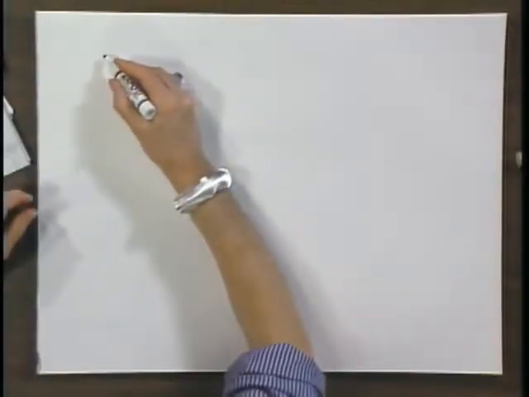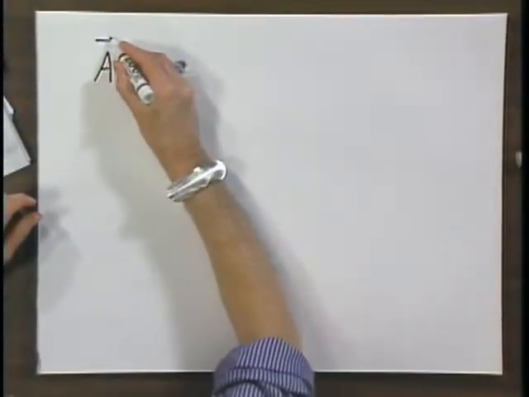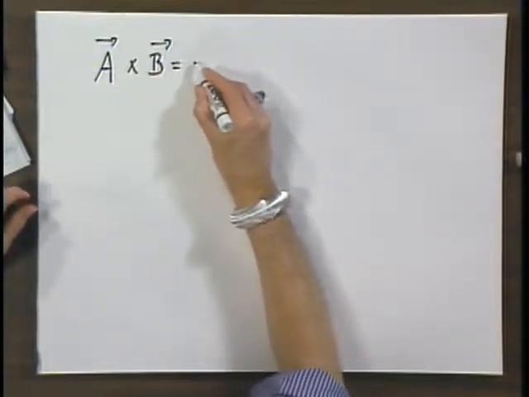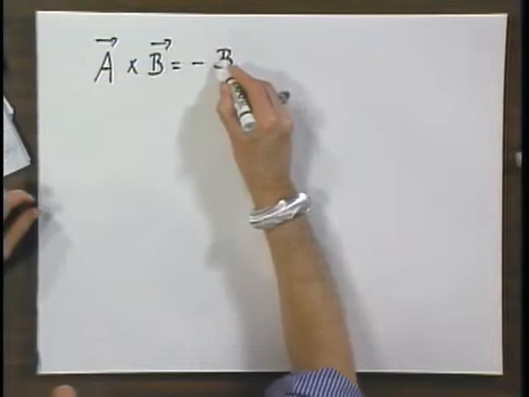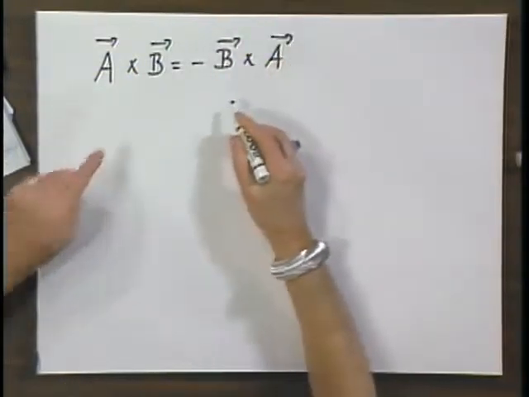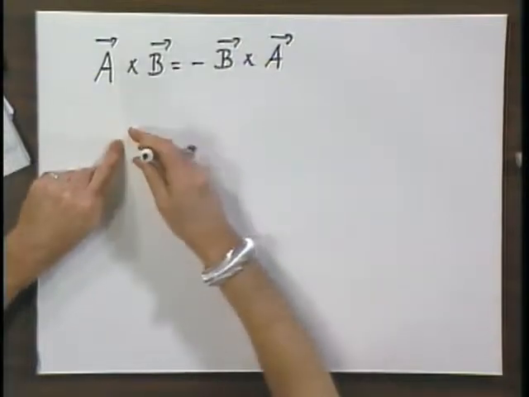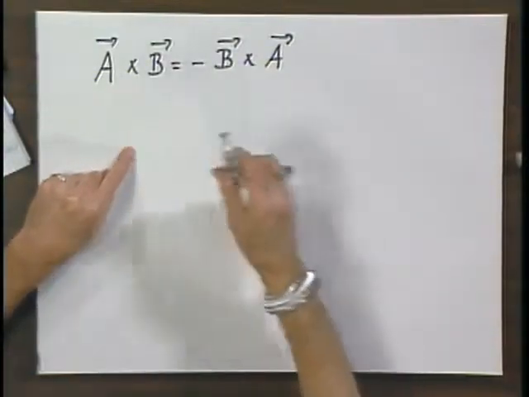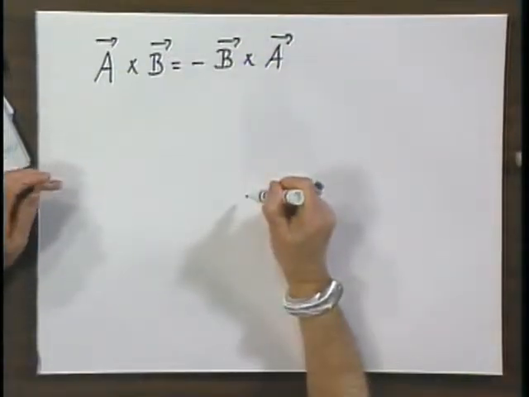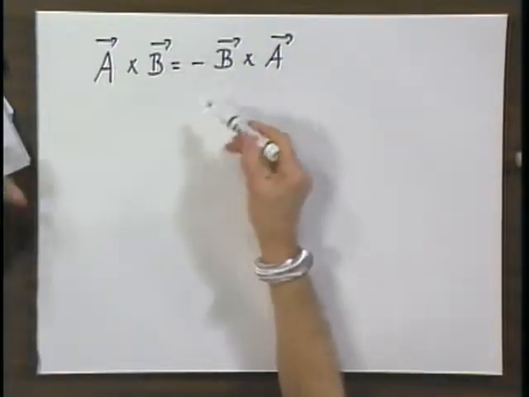So it follows from what we just learned that A cross B equals minus B cross A. Because remember, if this is coming vertically out of the paper and this is going vertically into the paper, then they are 180 degrees apart.